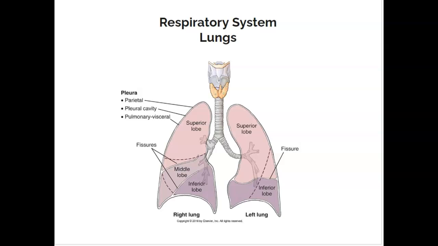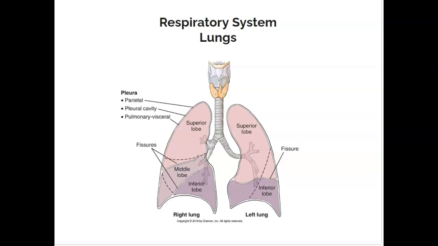The lungs are composed of a light, spongy, highly elastic substance called parenchyma. Each lung is contained in a delicate, double-walled sac called the pleura. The outer layer of this pleural sac lines the inner surface of the chest wall and diaphragm, which is called the parietal pleura.